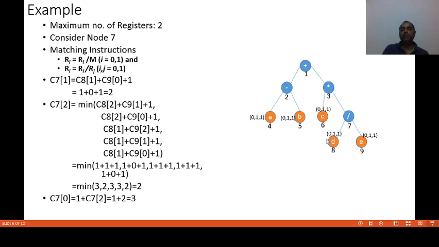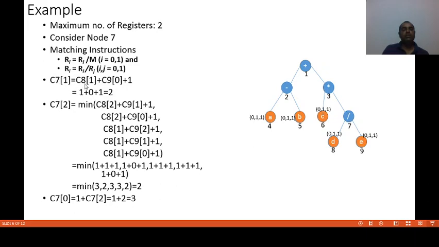If I put this value into 1 register, and the value of the 9th node, A, is stored into memory, then the cost of evaluating this node will be C81, that means when I am evaluating the 8th node using only 1 register, plus the cost of the 9th node when I am using 0 registers, that means I am just putting this node into memory, plus 1. 1 is the store cost.